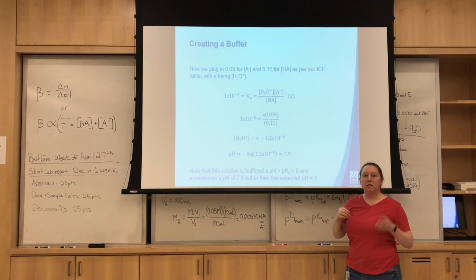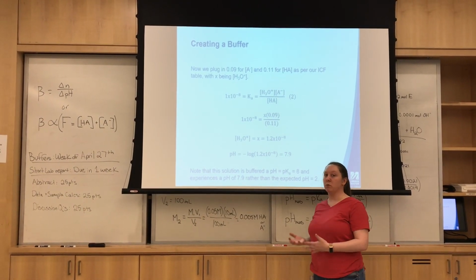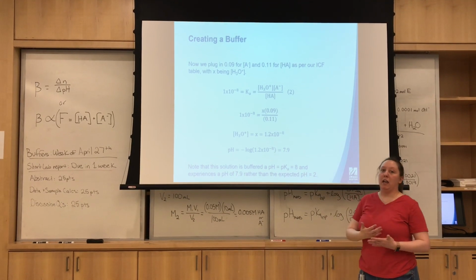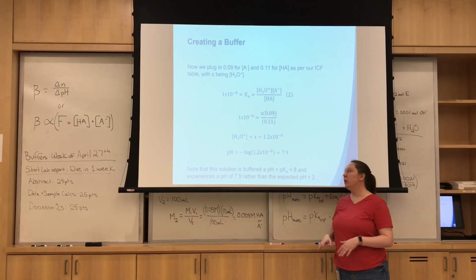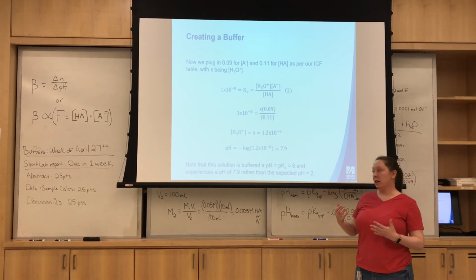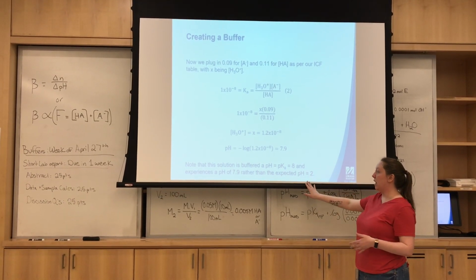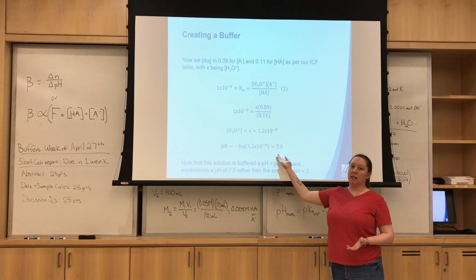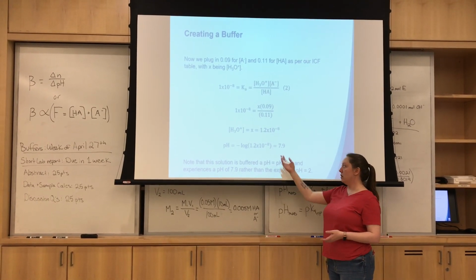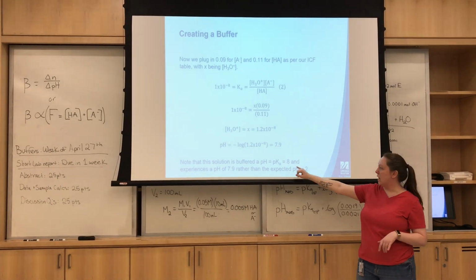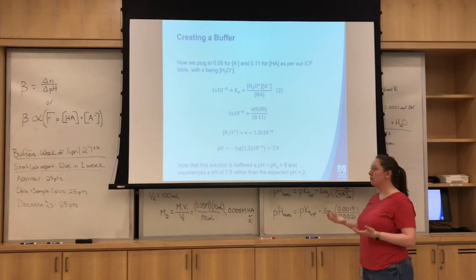So essentially what we did was we started with a buffer that had a pH of 8. We added a small concentration of something with a pH of 2, and the pH remained relatively the same. So 7.9 is not much different than 8.